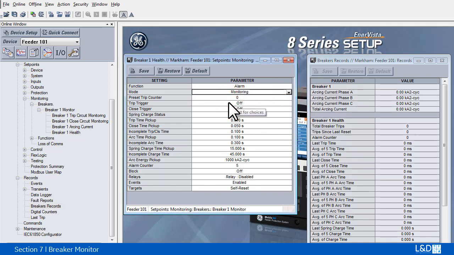Monitoring mode is the normal mode wherein measurements are analyzed and the element may pick up accordingly. The operation count is able to give direct information by comparing it with the permissible operation number.